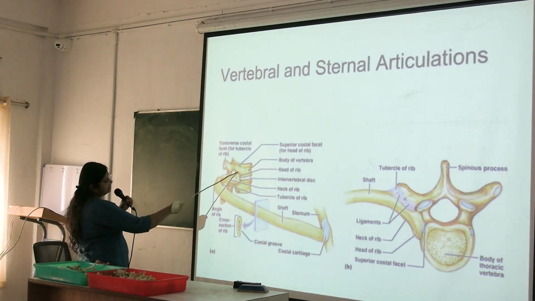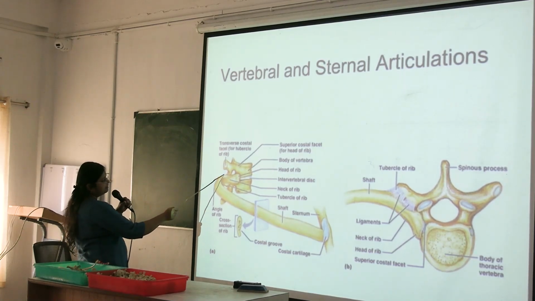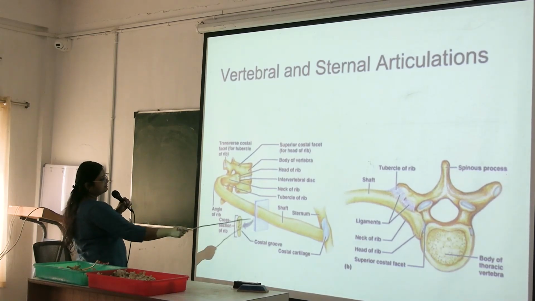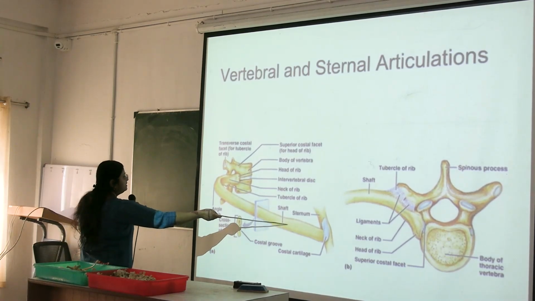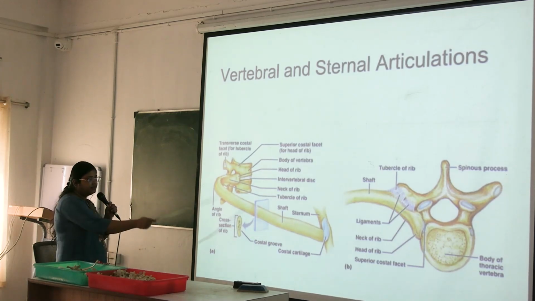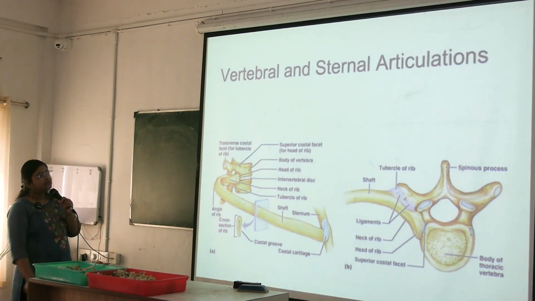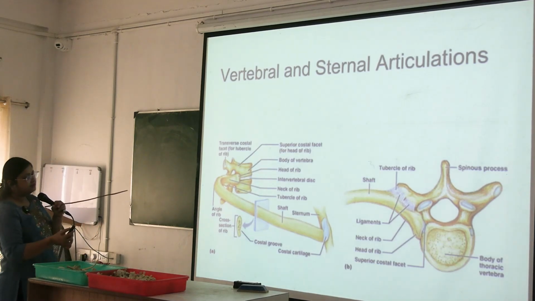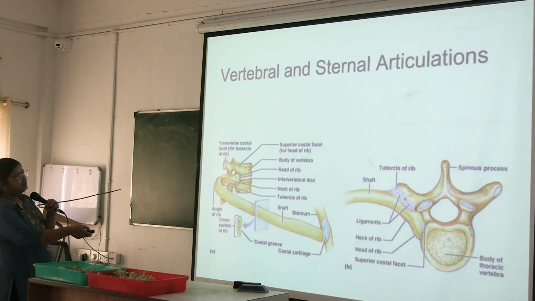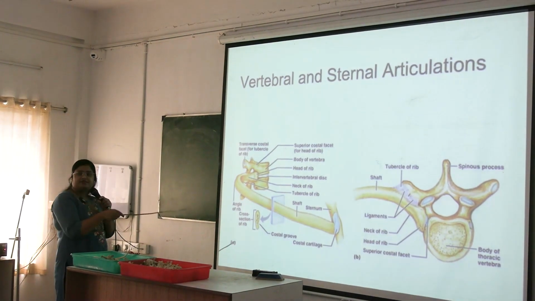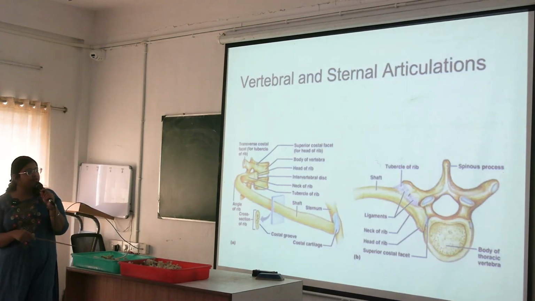So here is the head, this part is the neck, here lies the tubercle, here is the angle, this is the shaft, here is the anterior angle, and the anterior end is articulating with the costal cartilage, which articulates with the sternum. On this side you can see the ligaments that have been shown, like the posterior costotransverse ligament, and we will discuss those ligaments.